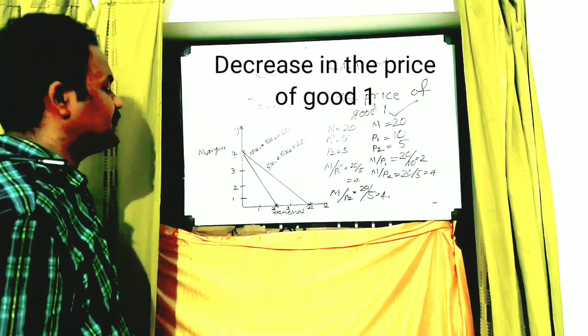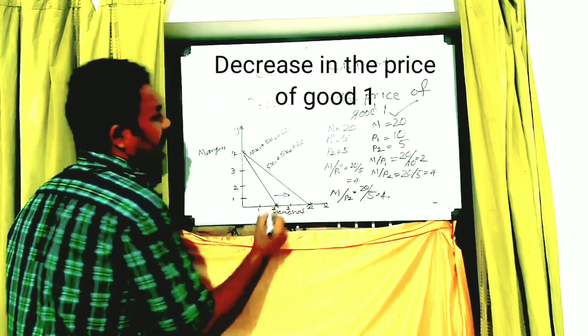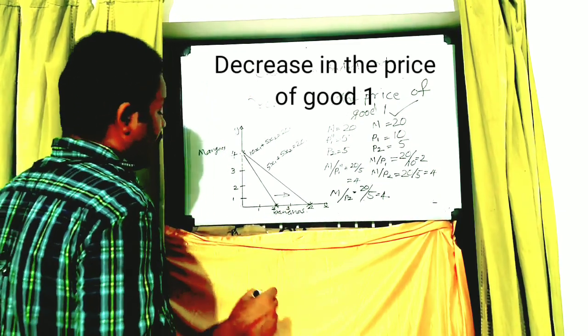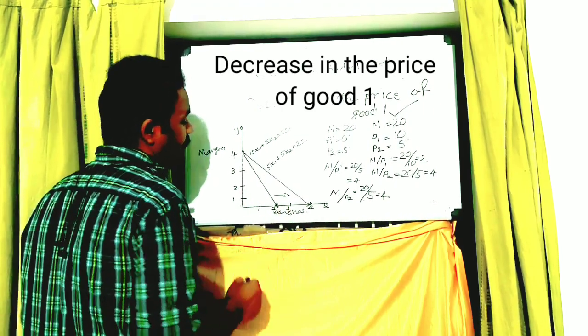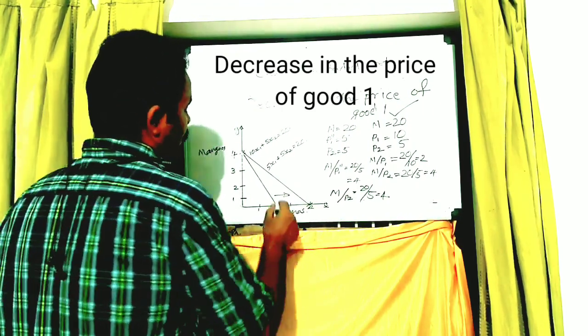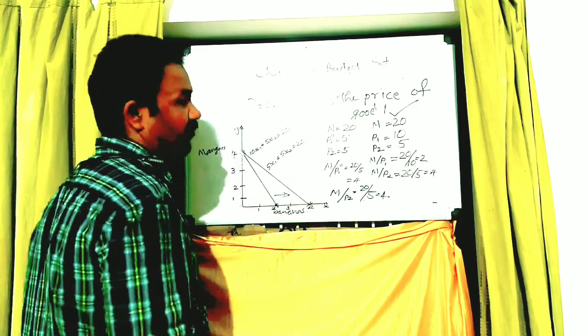Then what is the change here? When the price of good one decreases, at that time the horizontal intercept will shift rightwards or outwards around the y-axis.